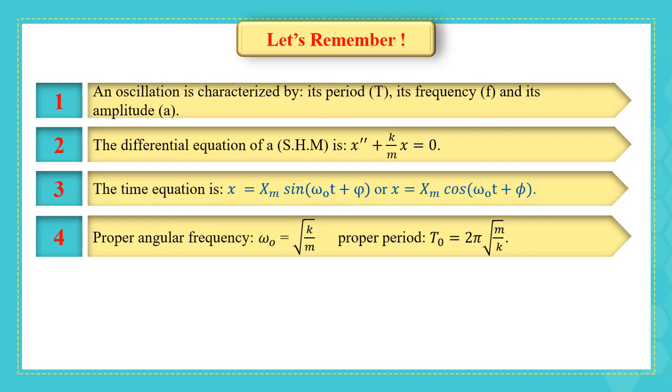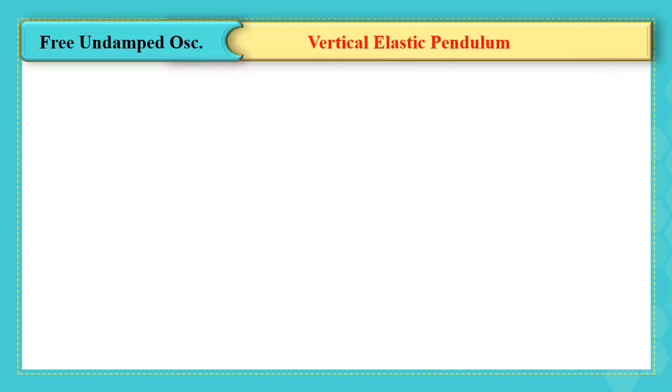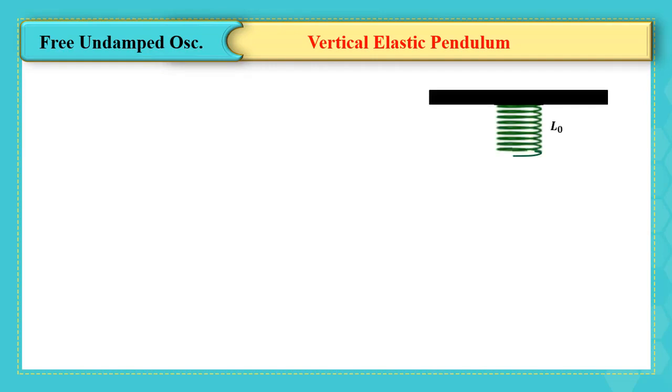radical m over k. To start explaining the vertical elastic pendulum, we are going first to consider an oscillator formed of a spring of negligible mass and natural length L0, suspended from a fixed point A, while its other end carries a particle S of mass m.